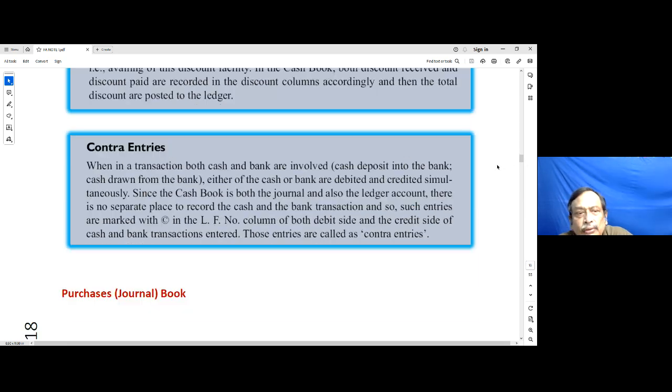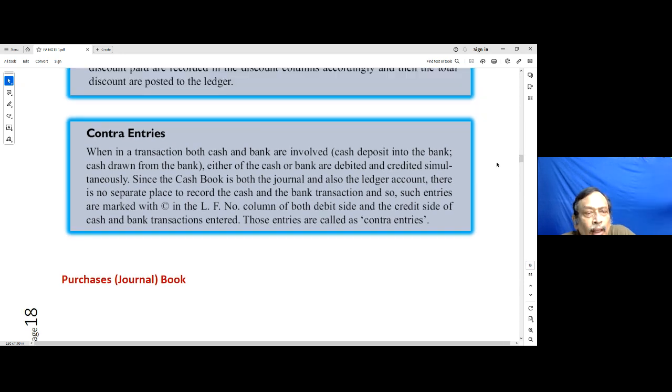Now we are coming to contra entries. When in a transaction both cash and bank are involved, that is cash deposited into the bank or cash drawn from the bank, either of the cash or bank accounts are debited and credited simultaneously.